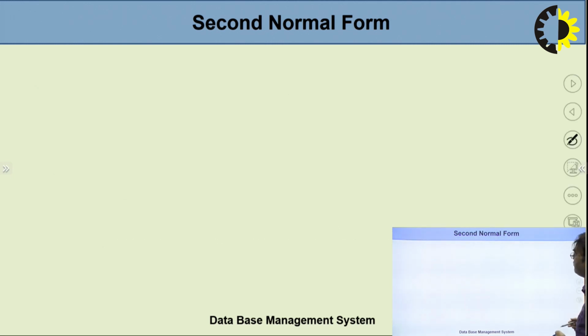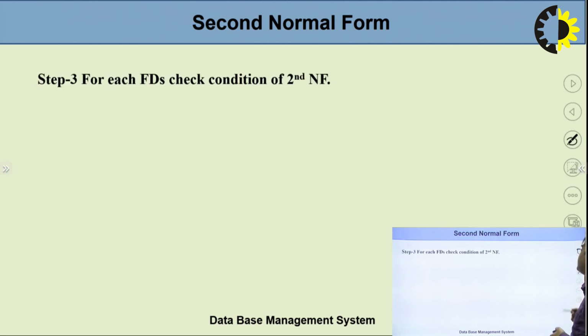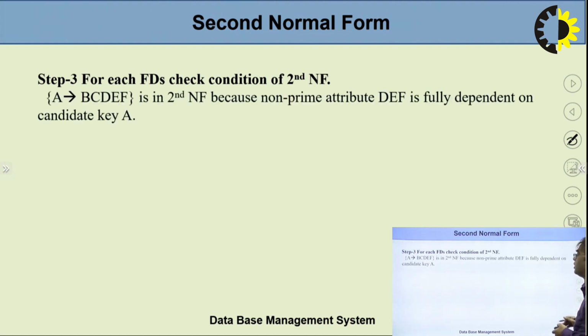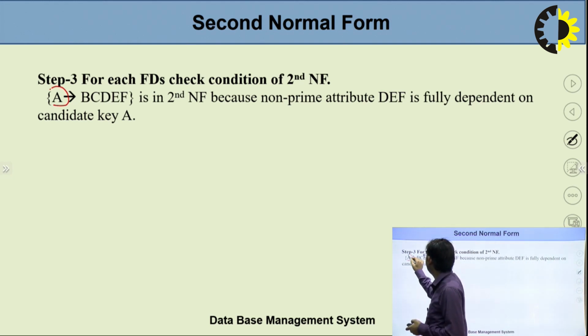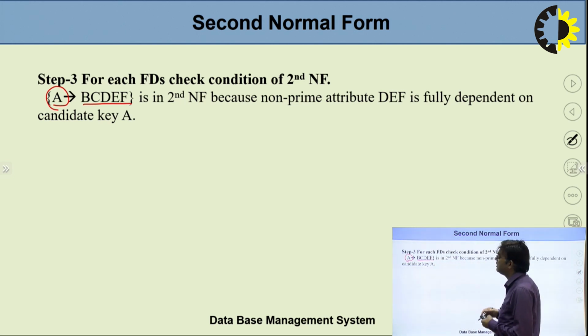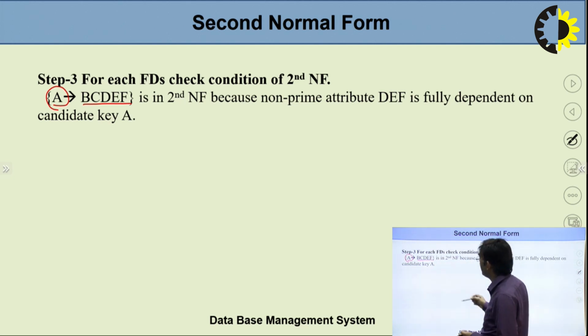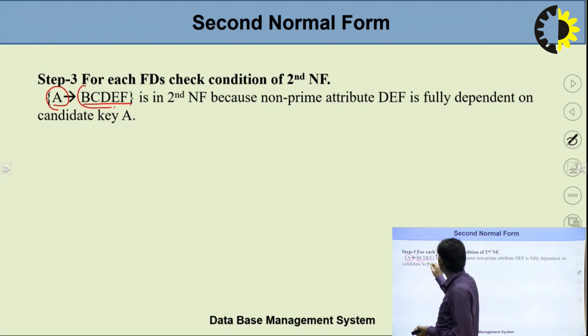Now in the third step, we have to check each and every functional dependency, whether it is violating the property of second normal form or not. First we check A tends to BC, or rather A tends to DEF. A is a candidate key, so we cannot divide it, and a candidate key is deriving the non-prime attributes.